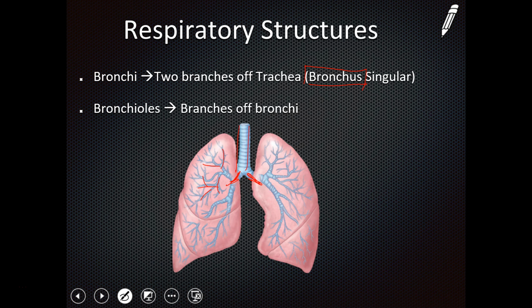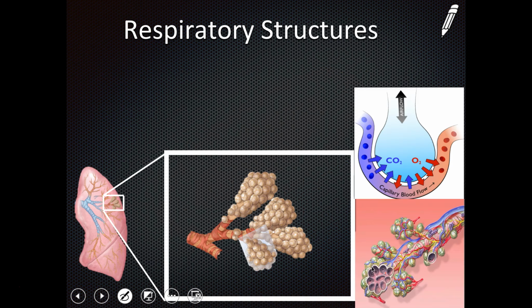If we were to go to the very end of a bronchiole and zoom in on it, it would look like this. At the very end of the bronchioles, we have these pouches. Kind of looks like grapes on a vine.